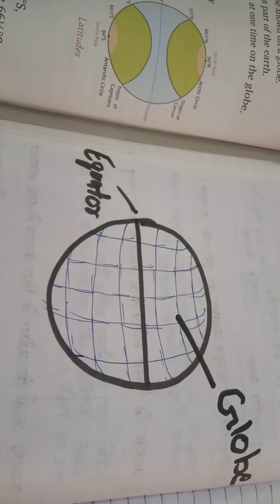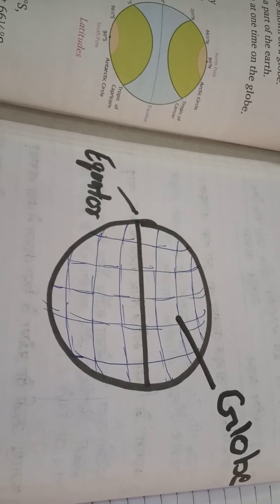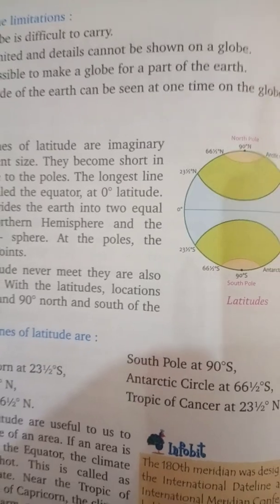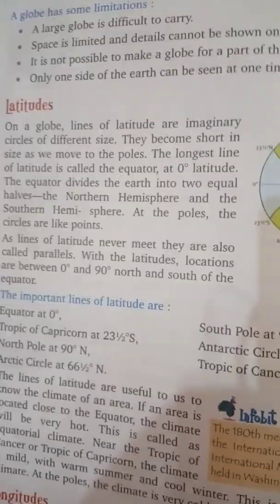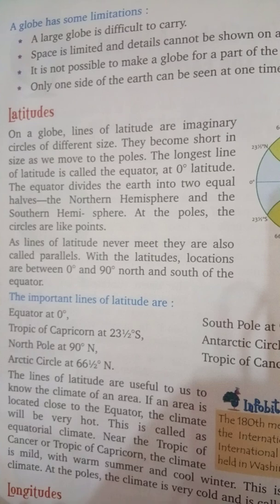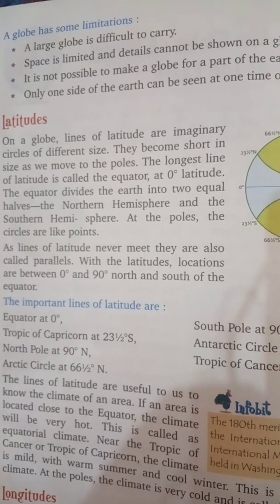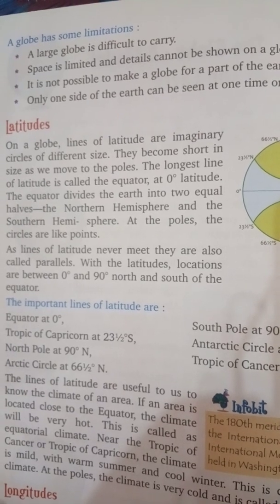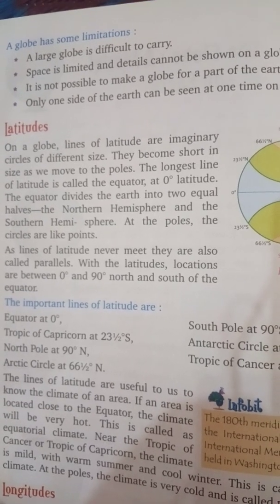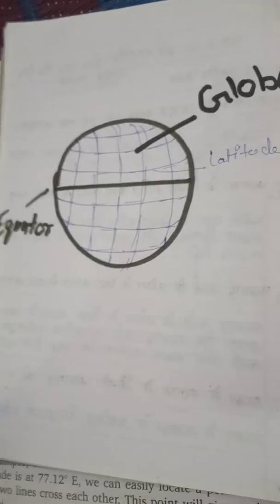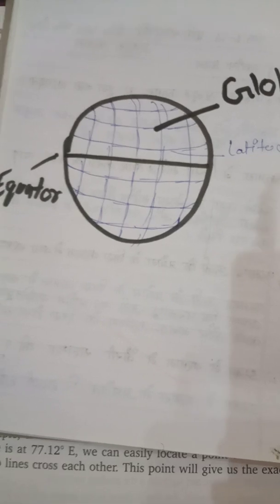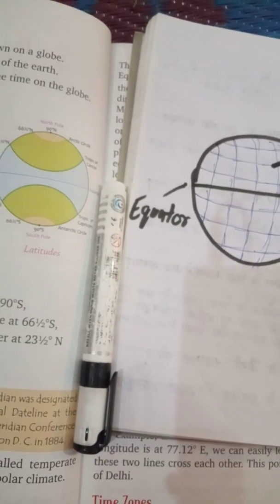See, in this way, the equator divides the earth into two equal halves, the northern hemisphere and the southern hemisphere. At the poles, the circles are like points. As lines of latitude never meet, they are also called parallels.